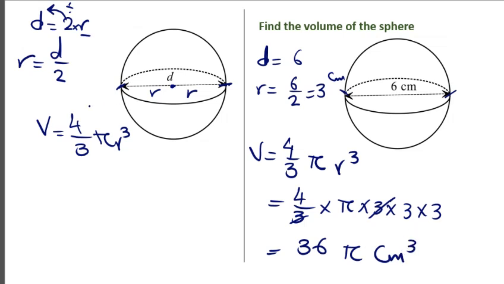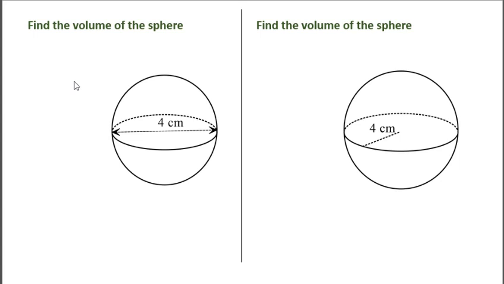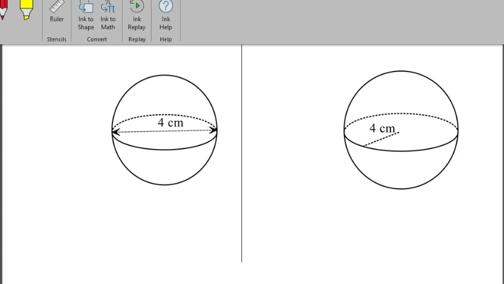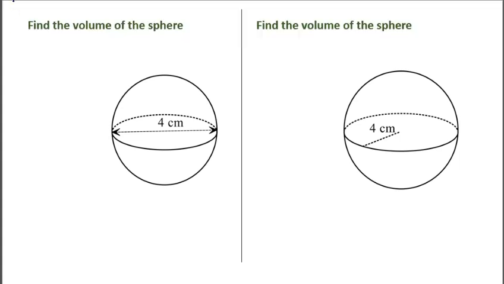Okay, another one. Find the volume of the sphere. If you well understood the idea, you can pause the video, solve yourself, replay, and check your answer. I'm assuming now you are checking your answer. 4, is it radius or diameter? If you look closely, it is from the beginning till the end, so it is a diameter.